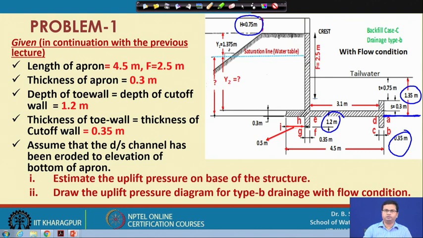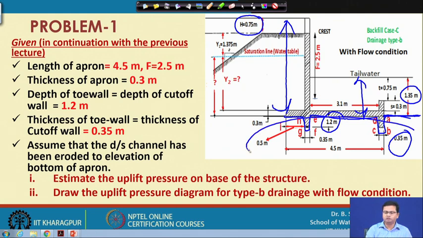The uplift pressure is developed in this diagram along the line A, B, C, D, E, F, G, H and I. This is the contact surface between the structure and the pervious foundation material. Because of the standing water on the upstream side as well as the downstream side, pore water pressure develops in this foundation material.